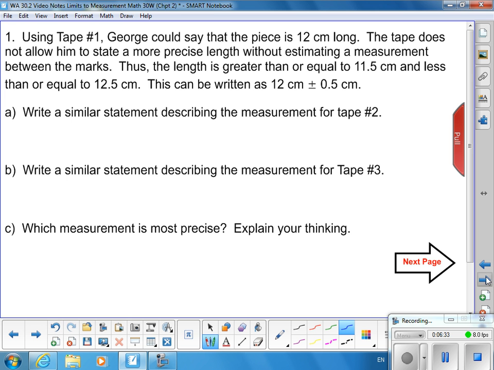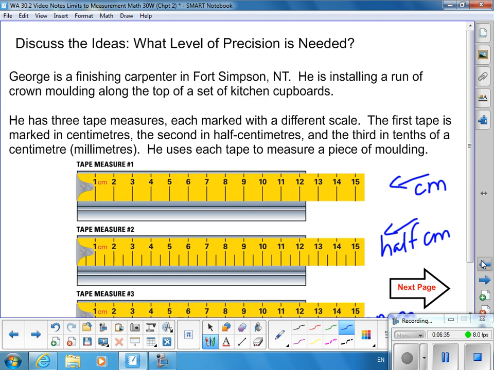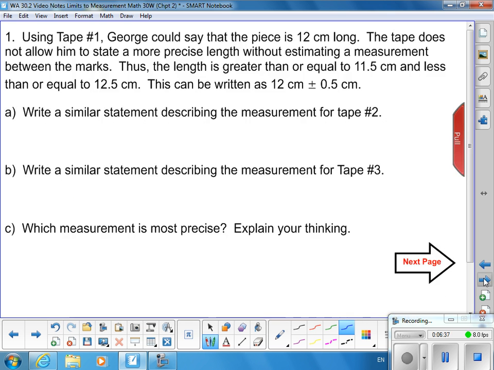Okay, so if we used tape number 2, which is measured in half a centimeter, he could write that it was 12.5 centimeters, and so the precision is half a centimeter, and the uncertainty is 0.025.